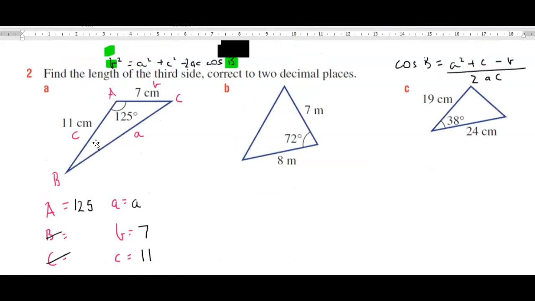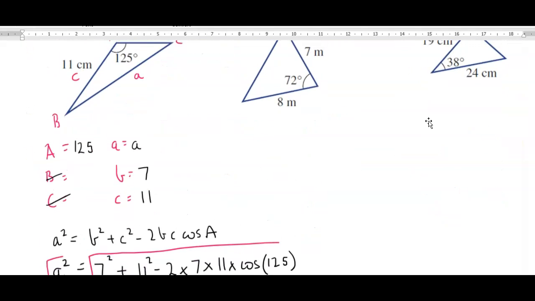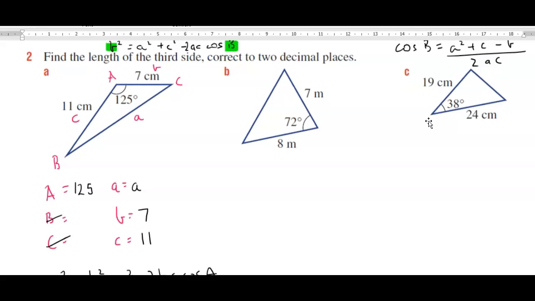How many decimal places do I need to do that to? 2 decimal places. I might go on and do C. Okay, so I'll skip B and do C. All right, so labeling the triangle first. If you want to, just used to doing the angle as A. Side opposite A is little a, then we've got B, and then we've got C. So identifying everything first.